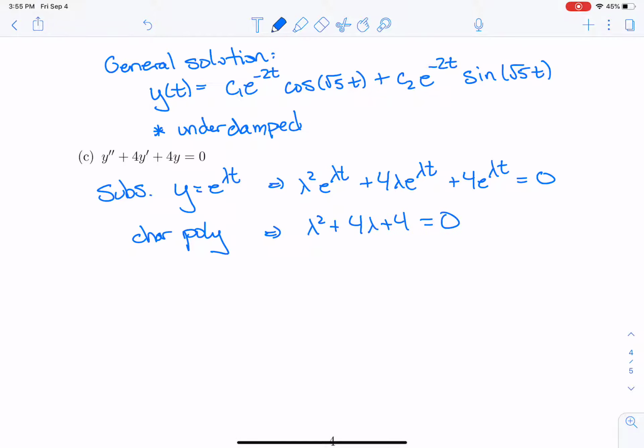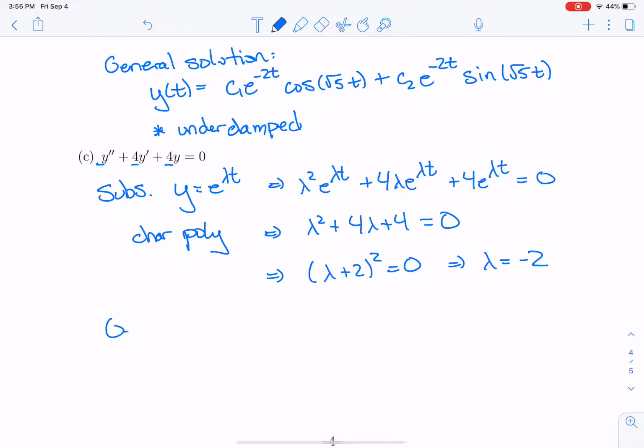Notice that the coefficients are the coefficients of y double prime, y prime, and y. And so if you want to skip the substituting step and just go right to the characteristic polynomial, I don't blame you. You can do that. This factors to lambda plus 2 squared equals 0. And so lambda is a repeated root of -2.